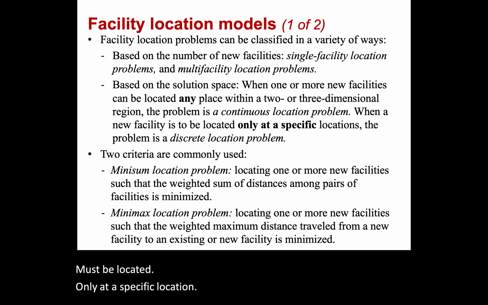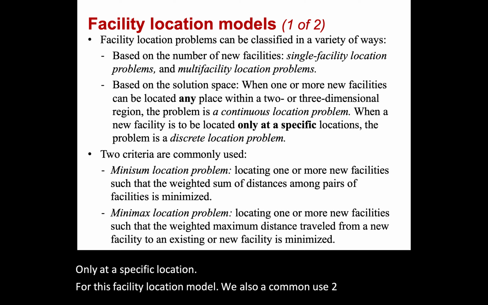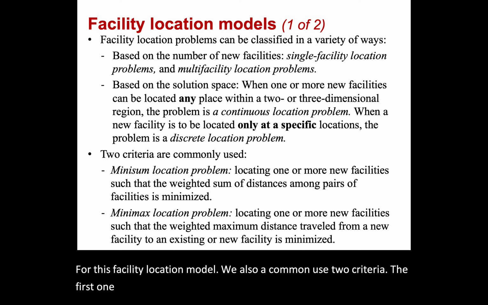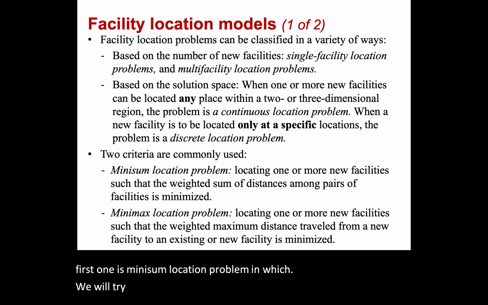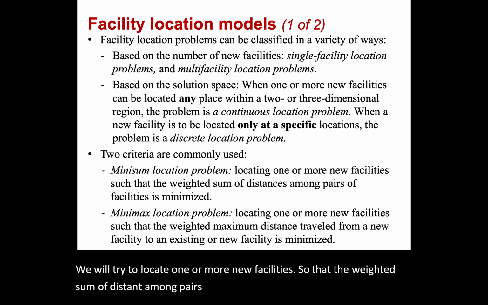For this facility location model, we also commonly use two criteria. The first one is the minisum location problem, in which we try to locate one or more new facilities so that the weighted sum of distances among pairs of facilities is minimized.